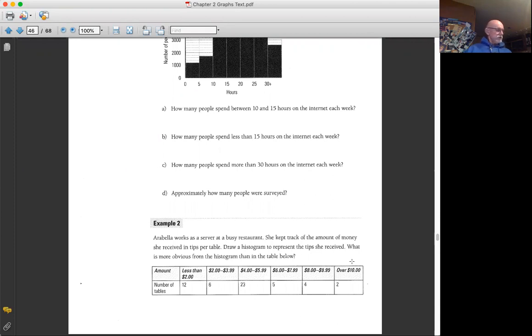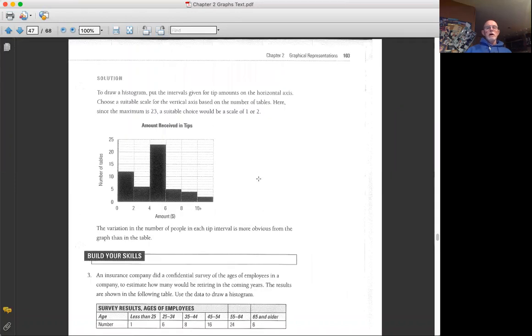So the first thing is to draw. On the next page, it says that for less than $2, so from 0 to $2, she received 12. So 10, 11, 12. From $2 to $3.99, she had 6, and on and on.